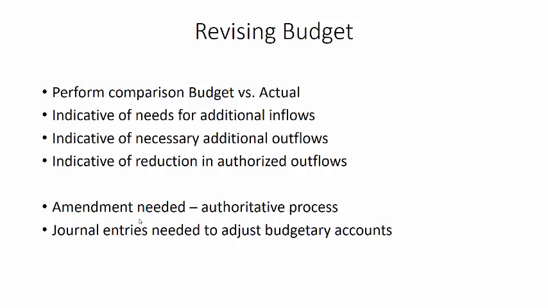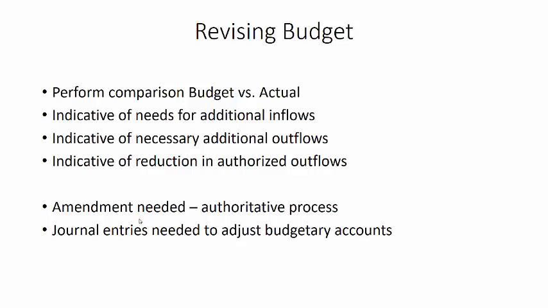Could our results indicate that we need some additional inflows? Whether we apply for some more grants, we issue some debt, we borrow some money, whatever needs to take place in order to fulfill our budget. What if we have indications that we've got necessary additional outflows that need to be made in addition to what we already planned for?